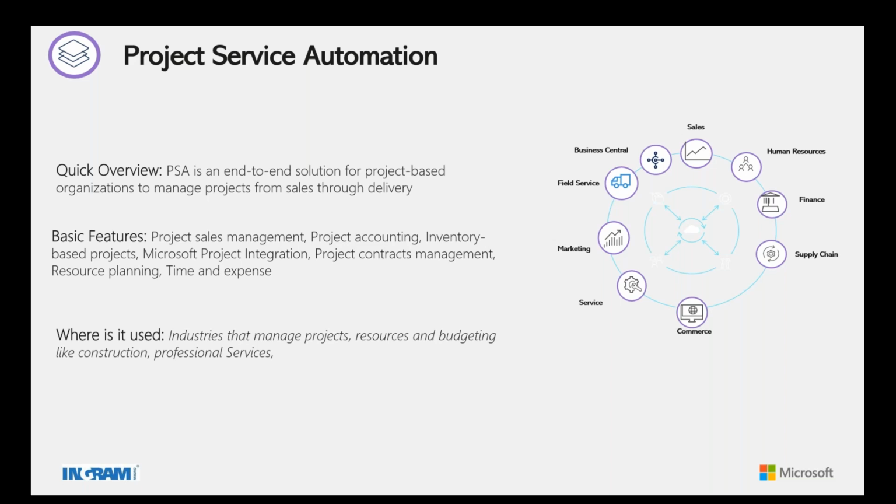And from an industry perspective, industries that manage projects, resources, as I mentioned earlier, and budgeting, like construction and professional services, will find this an appropriate app within their space.